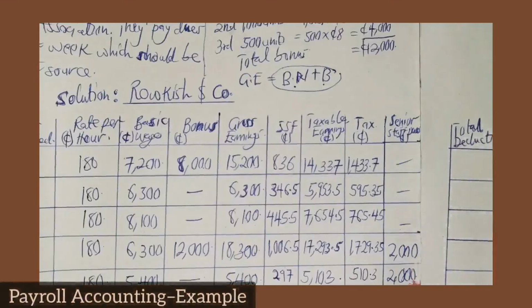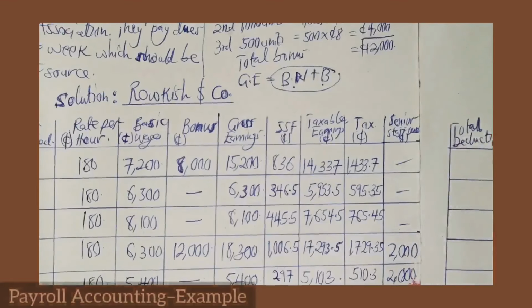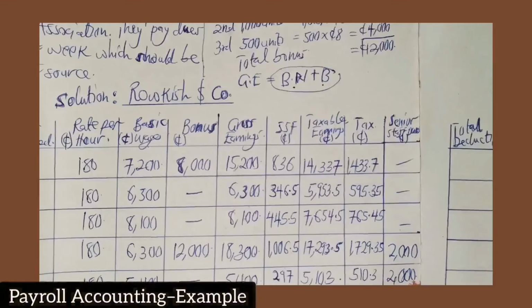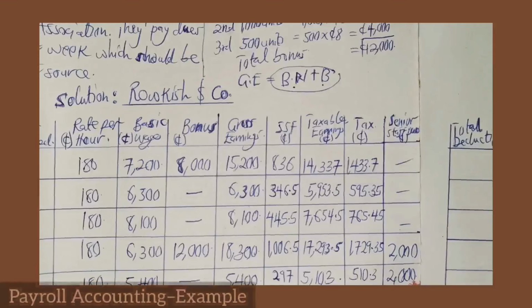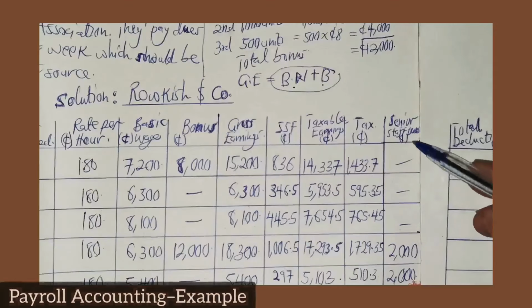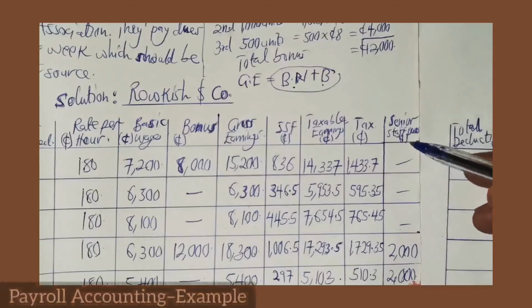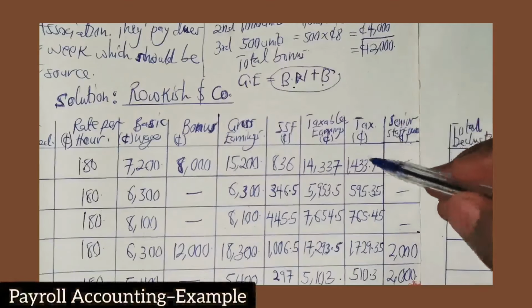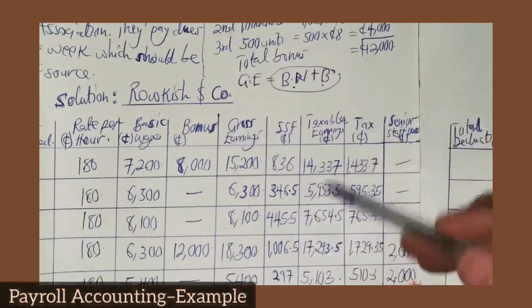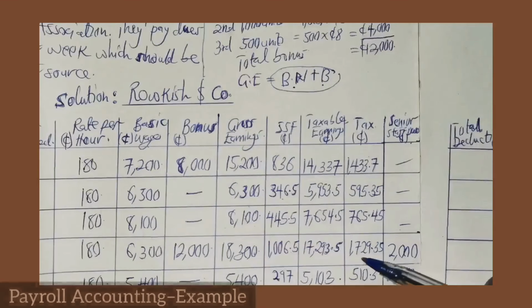So the total deductions here comprise both statutory and non-statutory deductions. You are going to add the senior staff column, the tax column, and the SSF column. Non-taxable earnings is not part of the deductions.